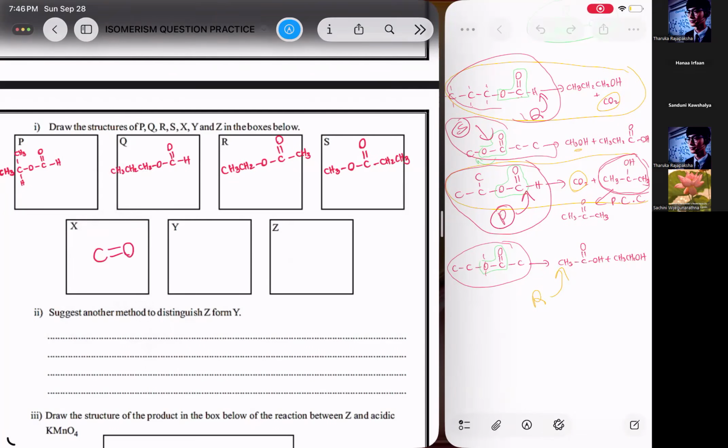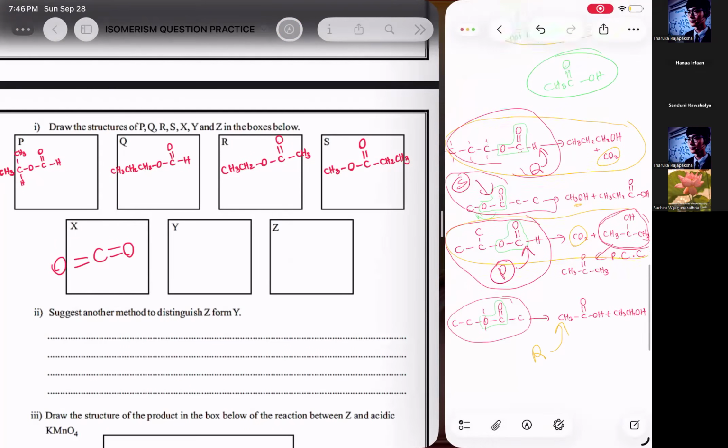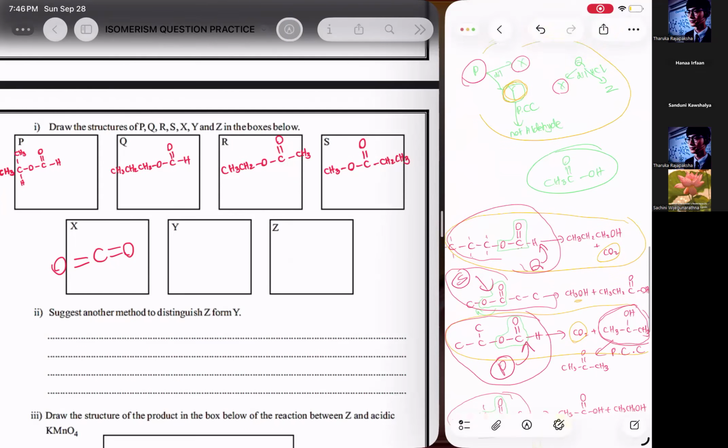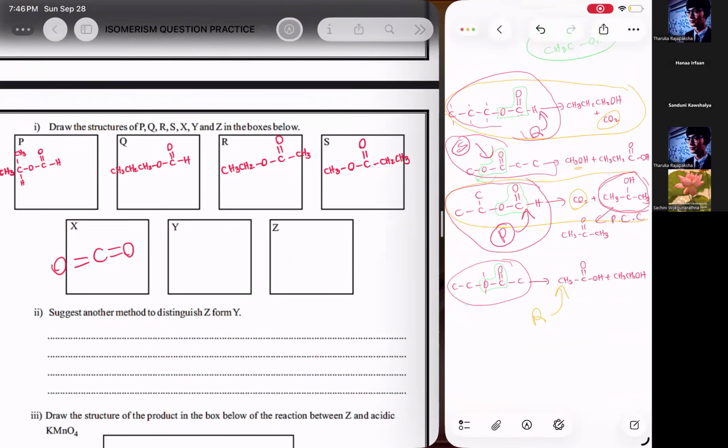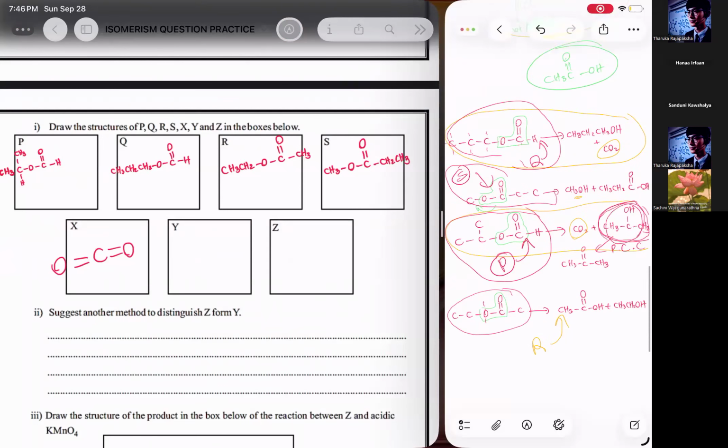We can draw it like this. Then Y. Y is formed by what? That is also formed by P. So that is the secondary alcohol.